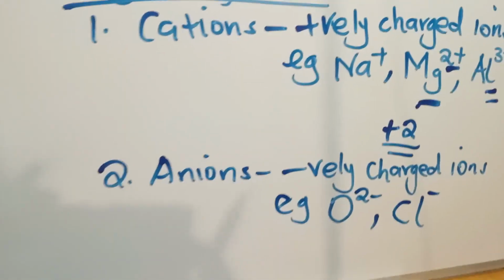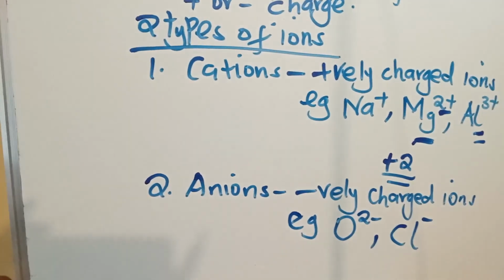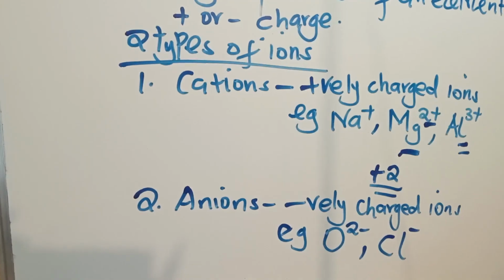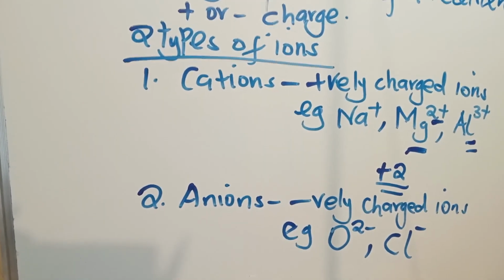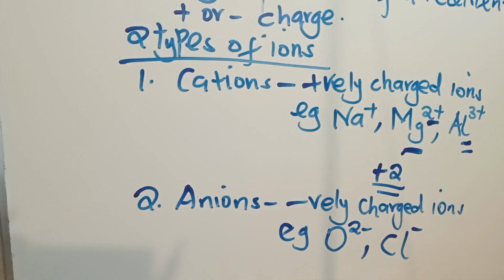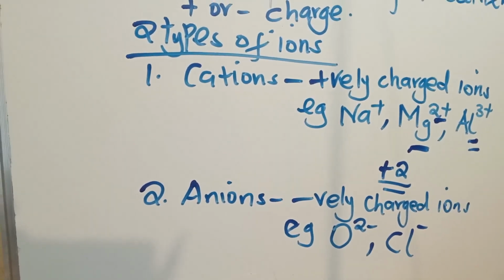All those are types of anions. So as we move on, I'll be showing you practically how the positive charges and the negative charges add up on elements.